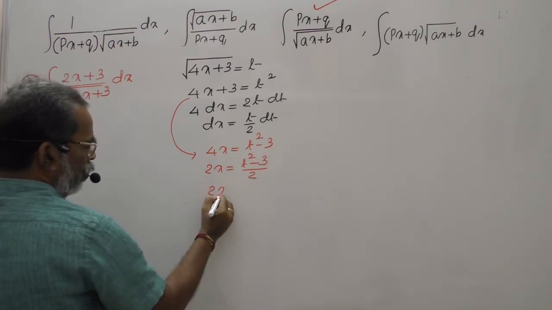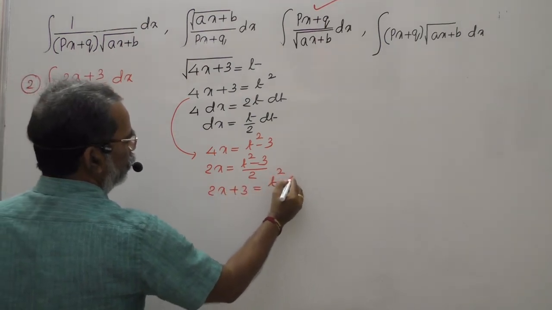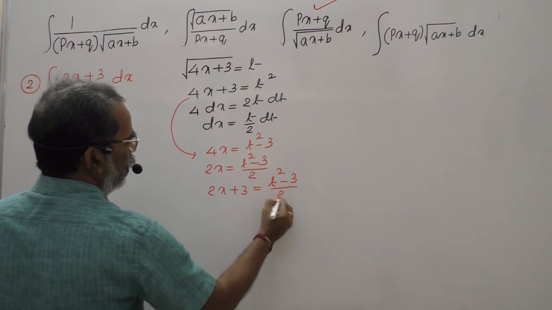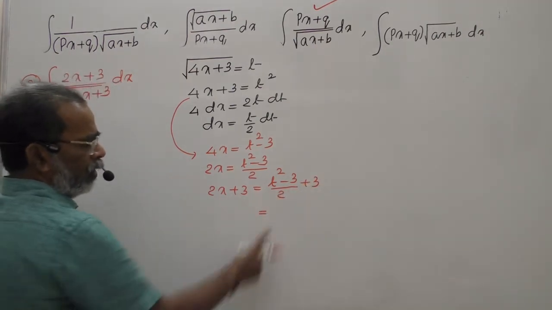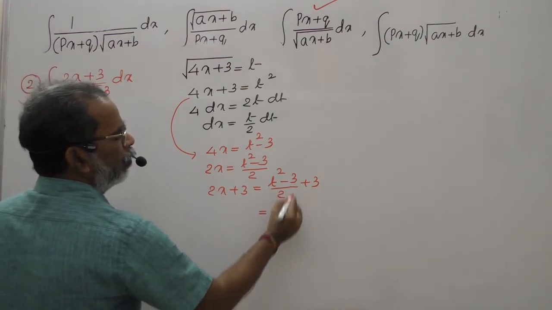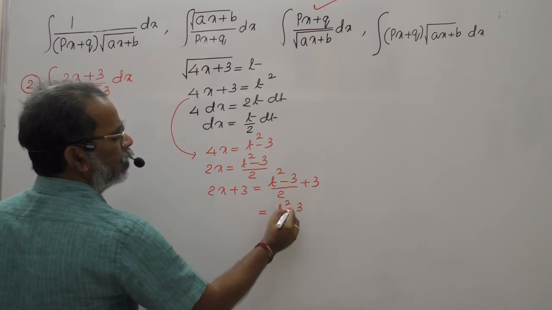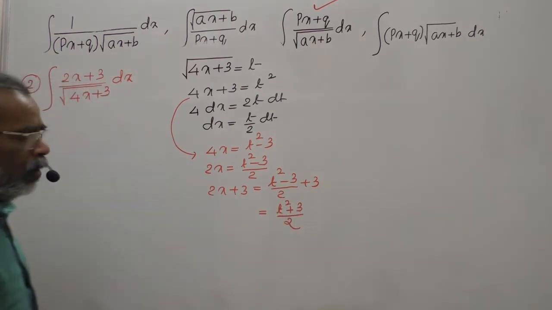So we need 2x plus 3. Therefore, adding plus 3: (t square minus 3) by 2 plus 3. What will be this? If I take LCM 2, therefore, t square minus 3 plus 6 is t square plus 3 divided by 2.